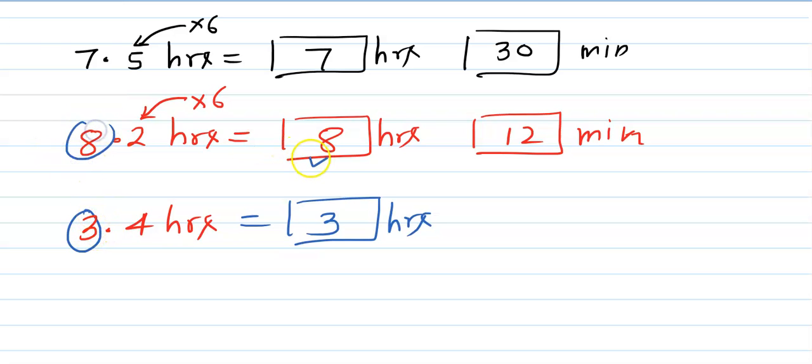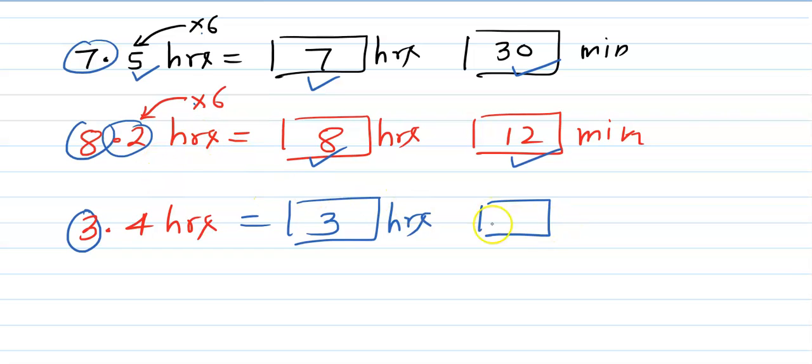Here it was 8 hours, here it was 7 hours. And 0.5 times 6 is 30 minutes. 0.2 times 6 is 12 minutes. For 0.4, 6 times 4 is 24 minutes.